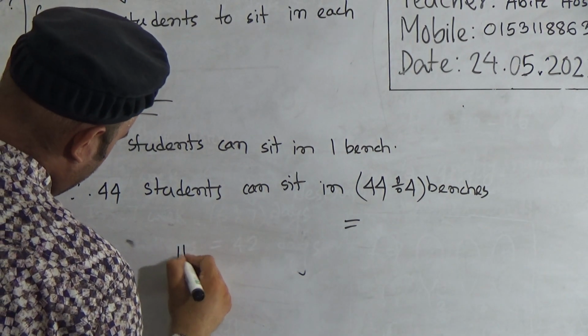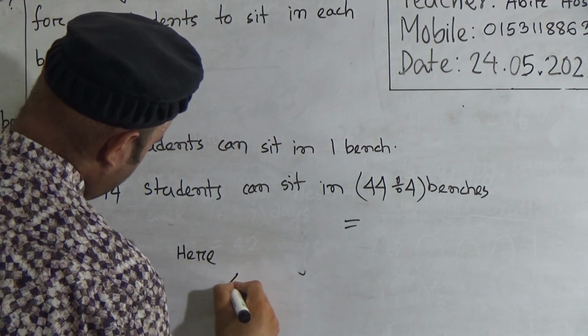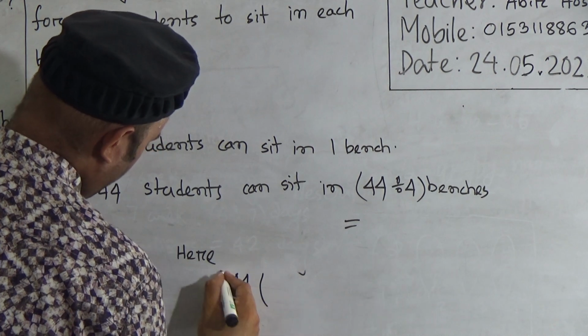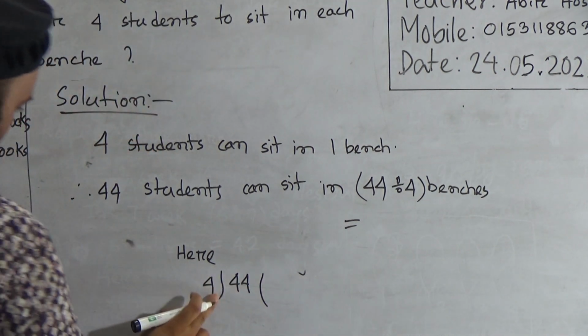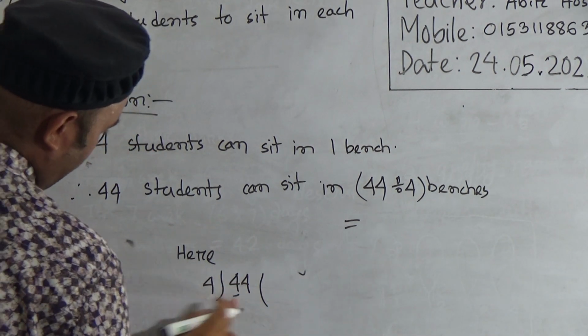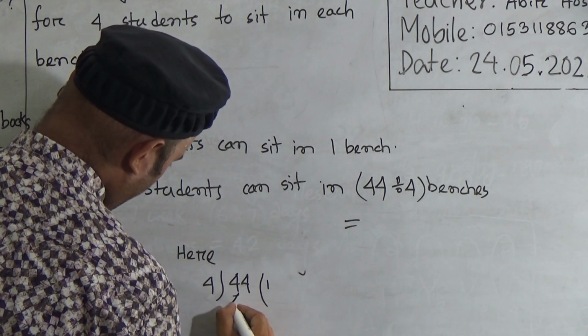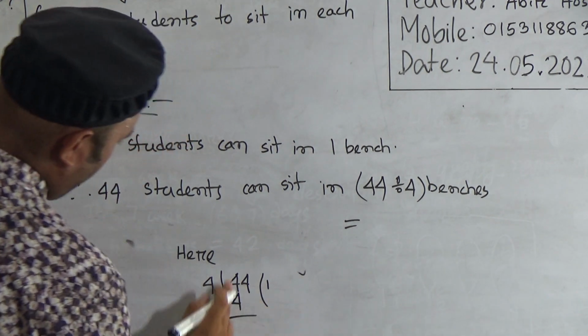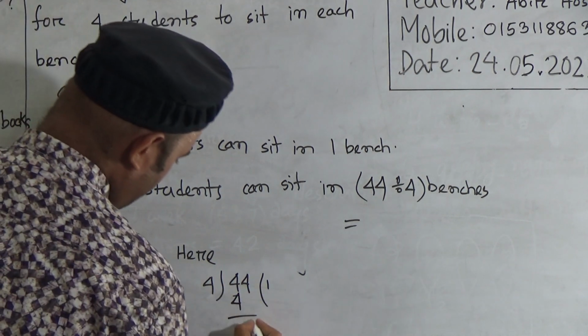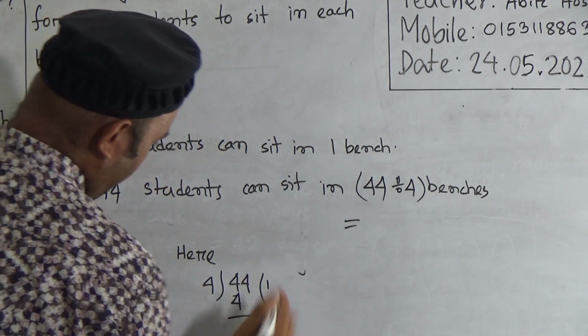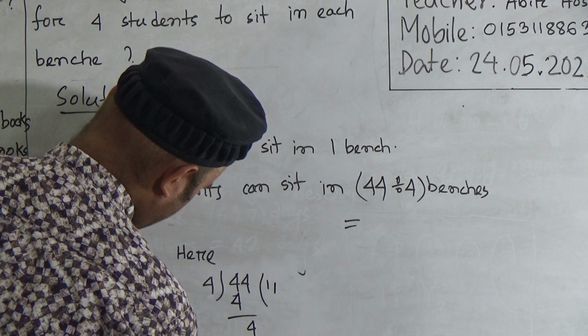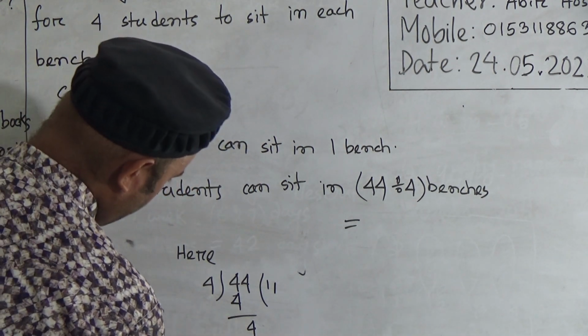Now you have to divide 44 by 4. Now take the first digit, 4 ones are 4. Now subtract 4 from 4, there is no remaining. Now bring down 4 here, again 4 ones are 4, and subtract 4 from 4, here is 0, so there is no remainder.